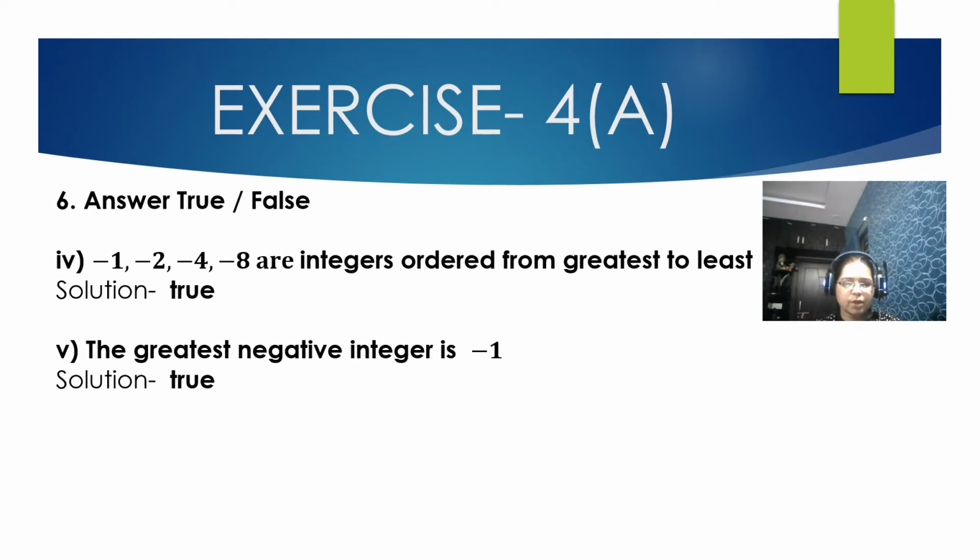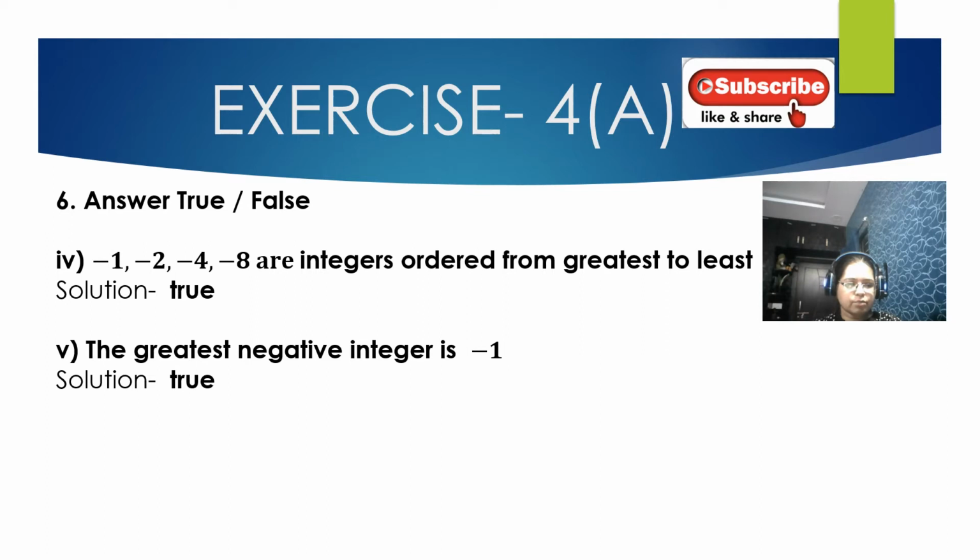But if we place the minus sign, that is the negative sign, then it will be reversed. That is, minus 1 is greater than minus 2, greater than minus 4, greater than minus 8. Minus 1 is the greatest number. So this is true. Minus 1, minus 2, minus 4, minus 8 are integers ordered from greatest to least.